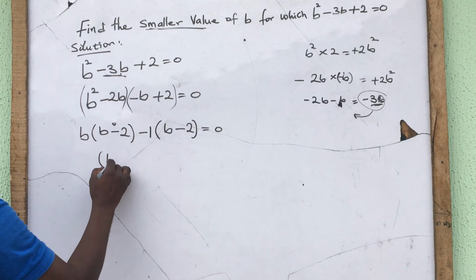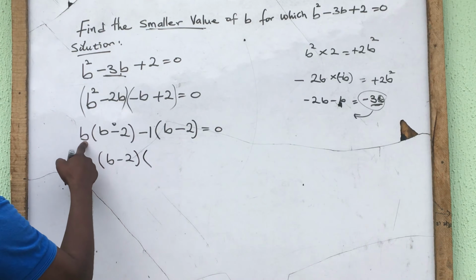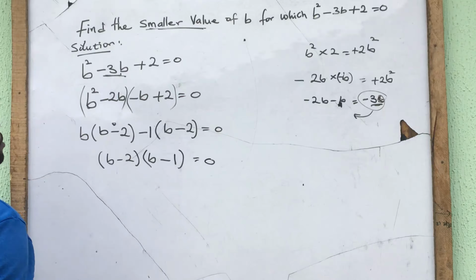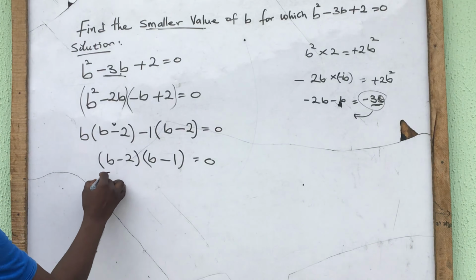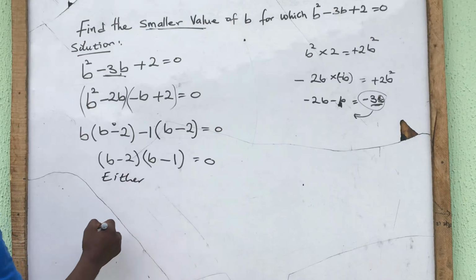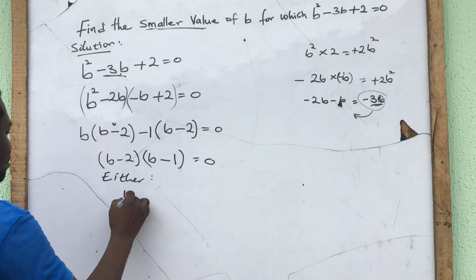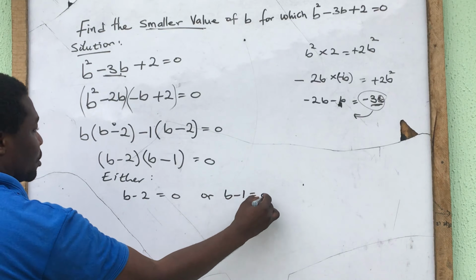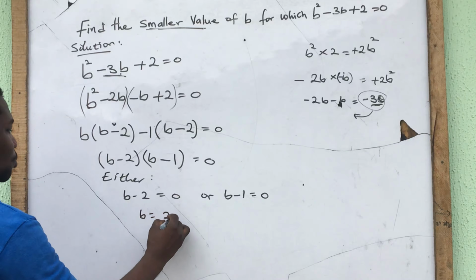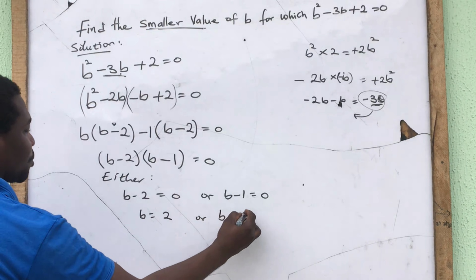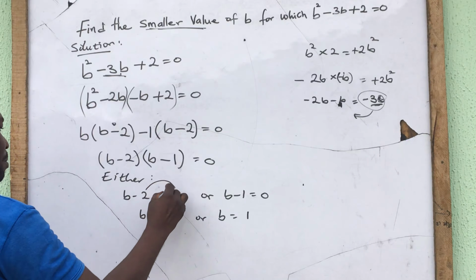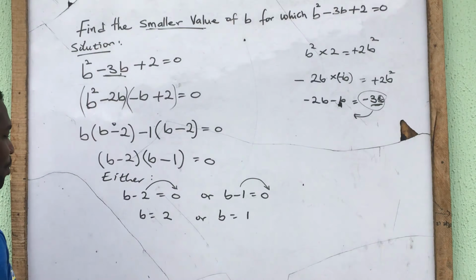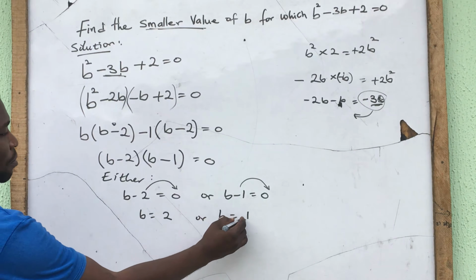Then we have b minus 2 times b minus 1 equals 0. This is now very easy for us to get the actual value of b. Either b minus 2 equals 0 or b minus 1 equals 0. So b equals 2 or b equals 1.